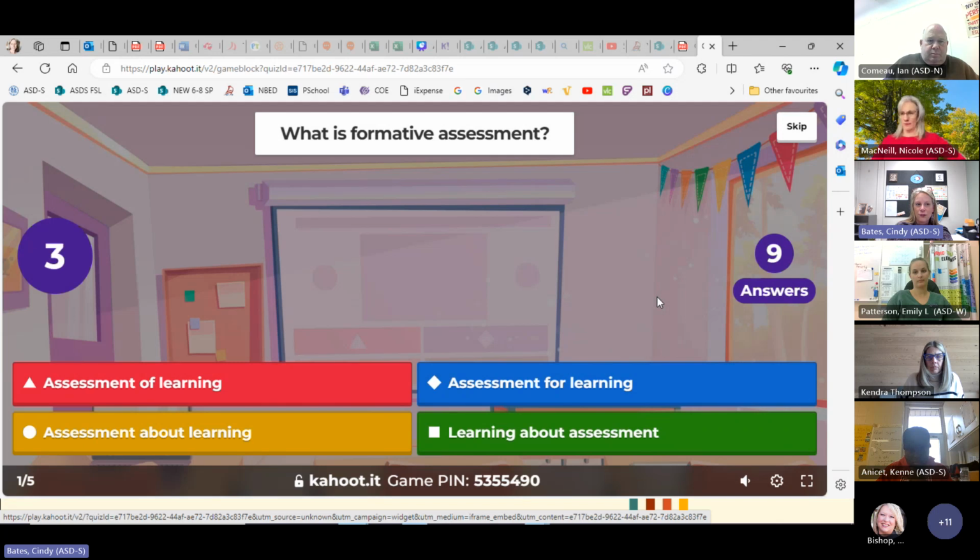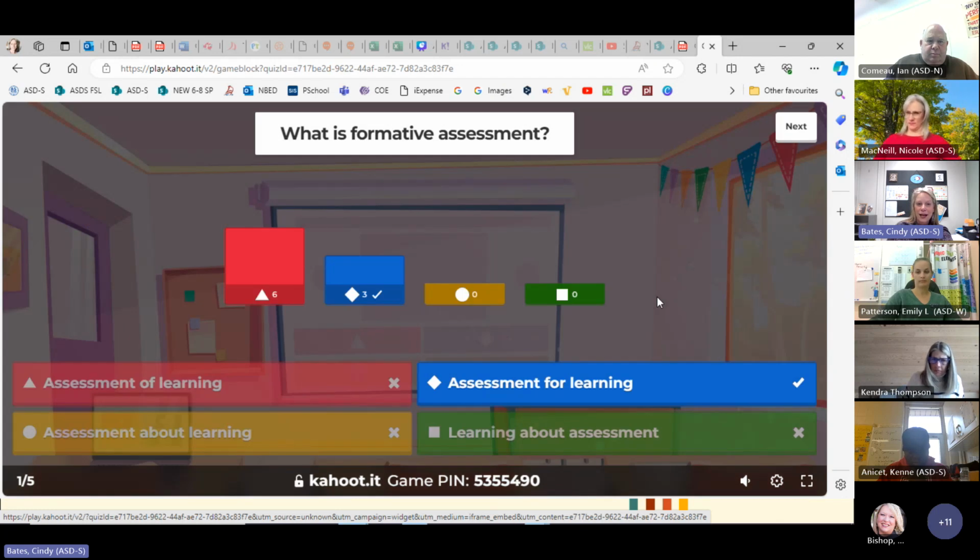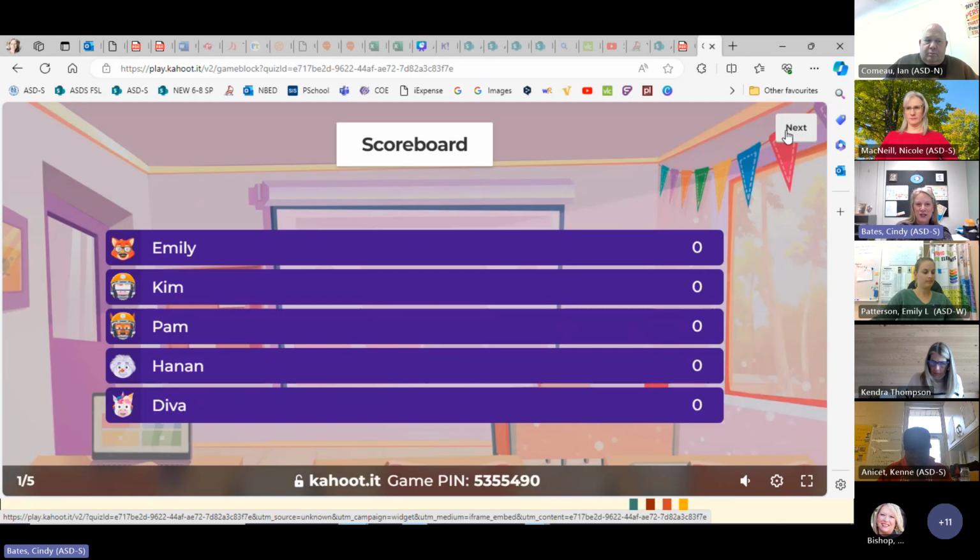Choose the answer on your phone. Okay, so 6 responded assessment of learning and 3 responded assessment for learning. Assessment for learning is the correct response. Assessment of learning is what we would consider summative assessment. Next question.